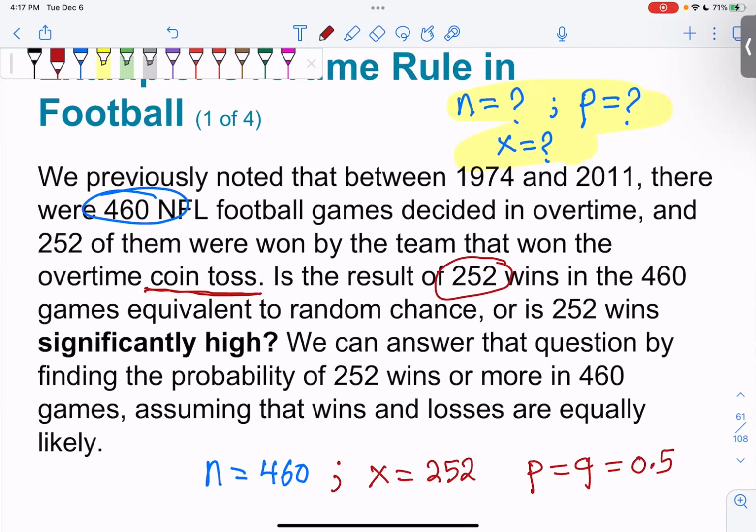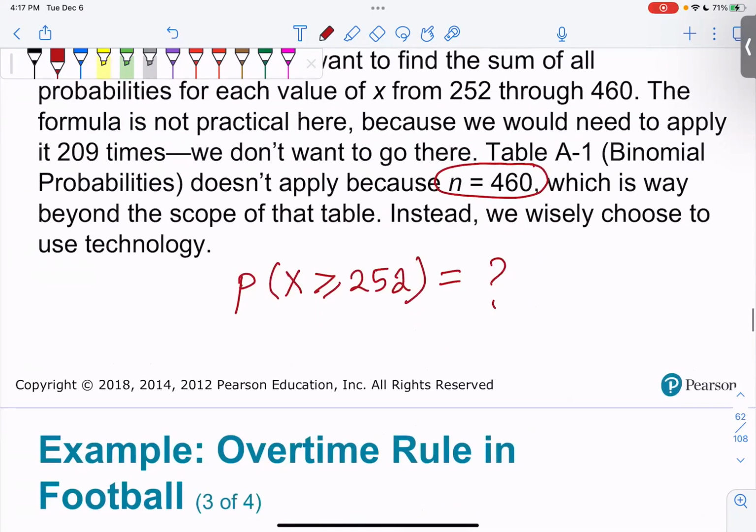In the first example we did the probability of x equal to exactly 3, which is easy. But this is greater than or equal to 3.